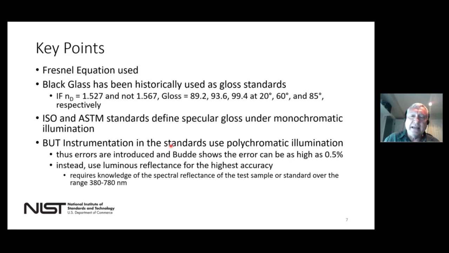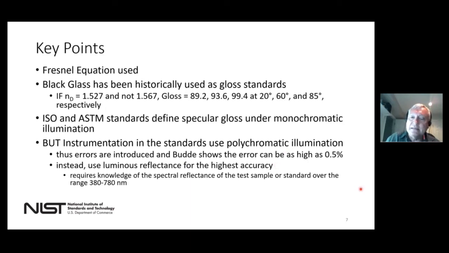Furthermore, the ISO and the ASTM standards define gloss in terms of monochromatic radiation at 589 nanometers. But because the instruments that measure gloss use polychromatic illumination, and because that's also specified in the standards, an error results. And Buddha shows that the error can be up to about 0.5%.